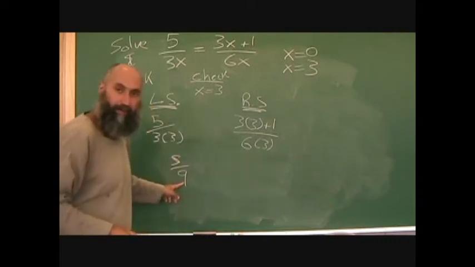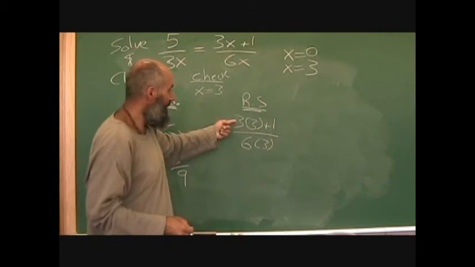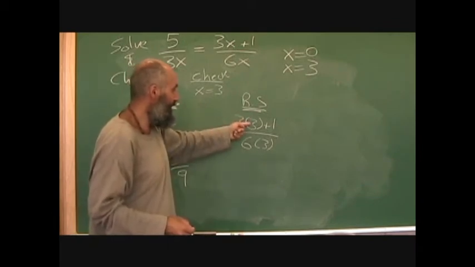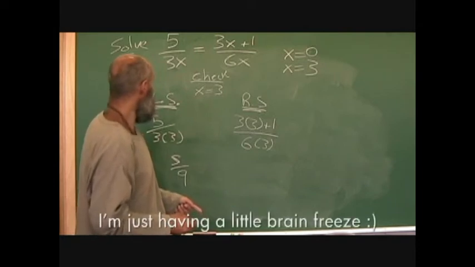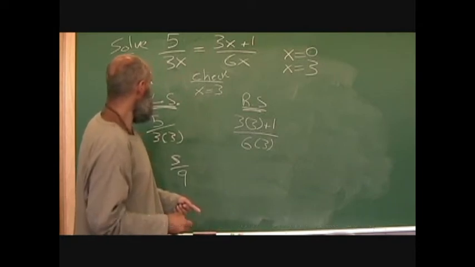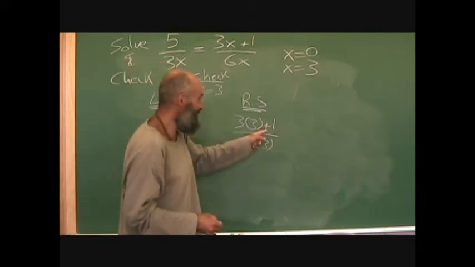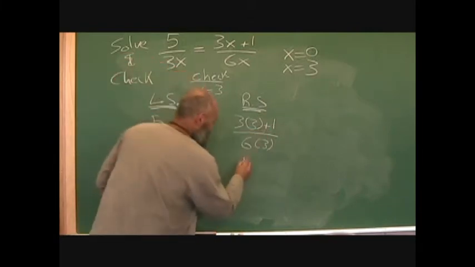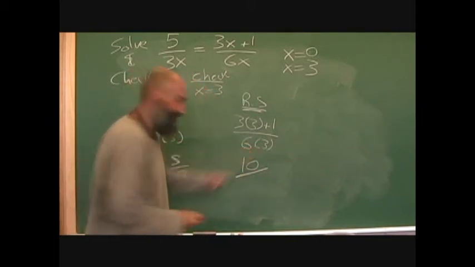Now we can't simplify that anymore, so that's just 5 over 9 on this side. Over here, we've got 3 times 3 is 9, plus 1 is 10, right? And 6 times 3 is 18.